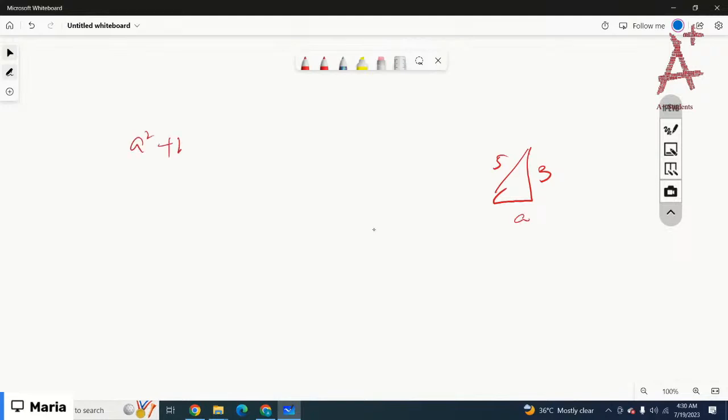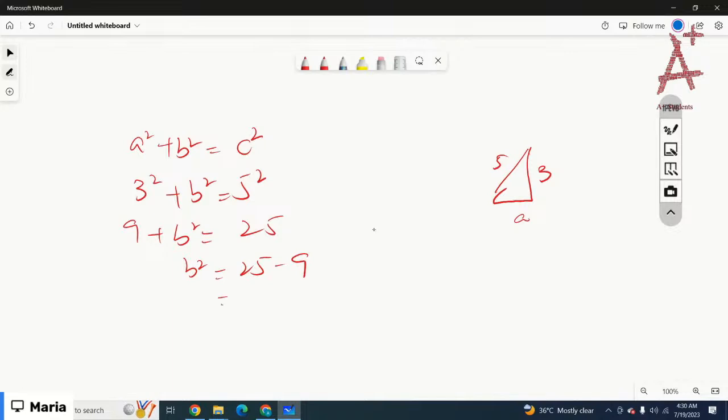It would be a square plus b square equals c square. A is 3 square. It would be 9 plus b square equals 25. So b square equals 25 minus 9. That would be 16. B square equals 16.